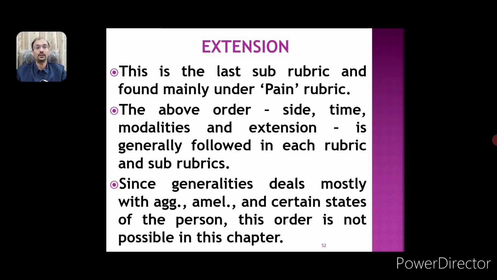After the modality, there is extension. The rubric of extension is given with the suffix of extending to, and all the extension rubrics follow in alphabetical order in that particular sub-rubric.